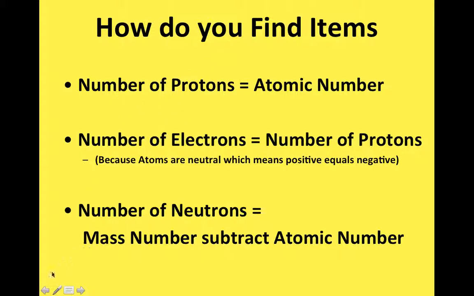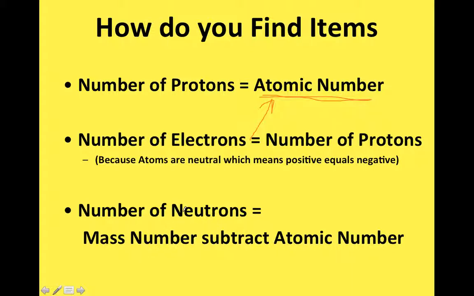So if you want to find the number of protons, then you look at the top number, which is also your atomic number. If you want the number of electrons, you're going to refer back to that atomic number as well, which is your number of protons. And then if you want the number of neutrons, then it's your mass number minus the atomic number.